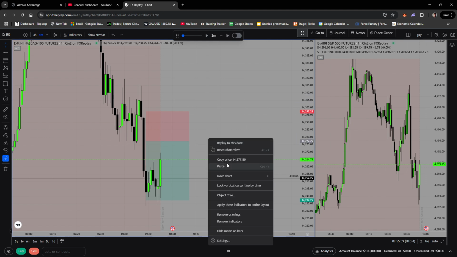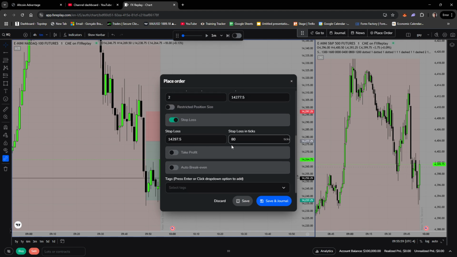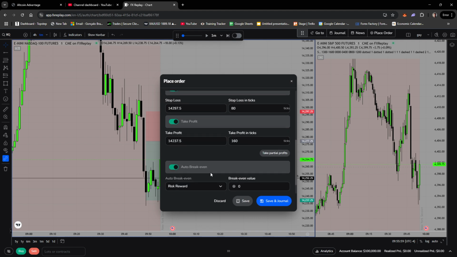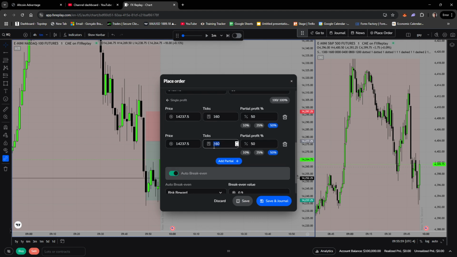Okay, so we're going to place it now. Sell limit, it needs to enter us before this 4-hour candle closure. Stop loss, auto, 8 partials.